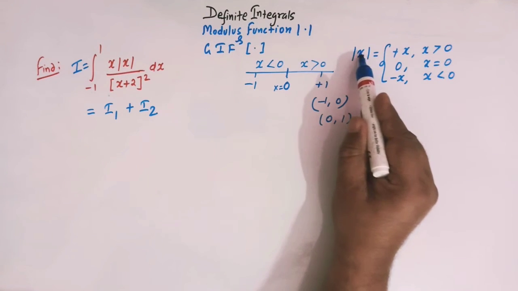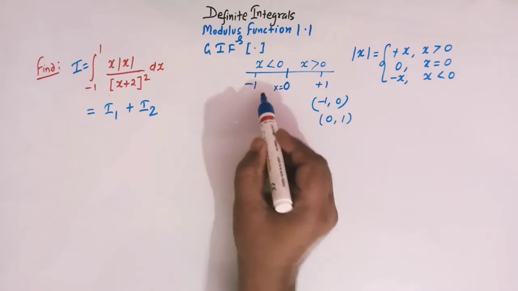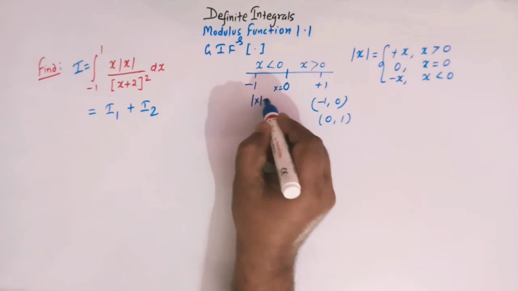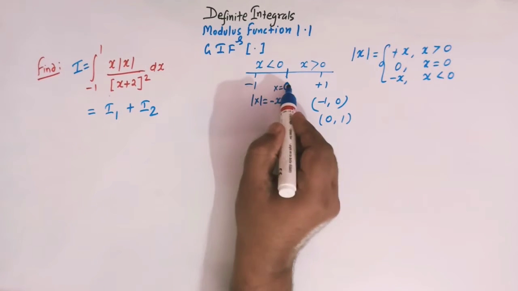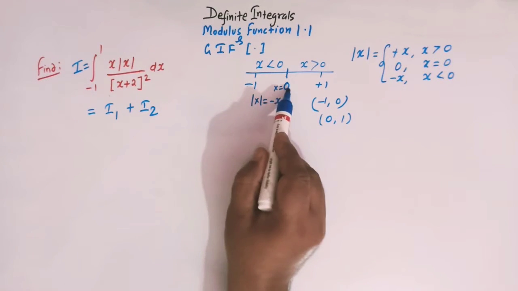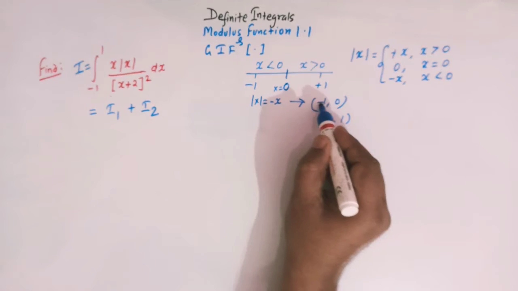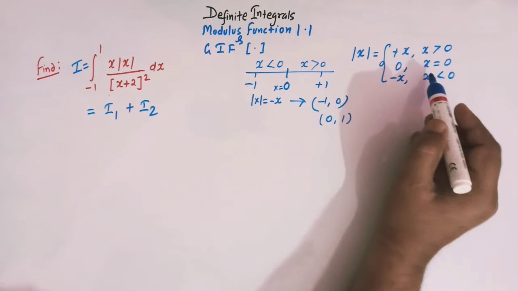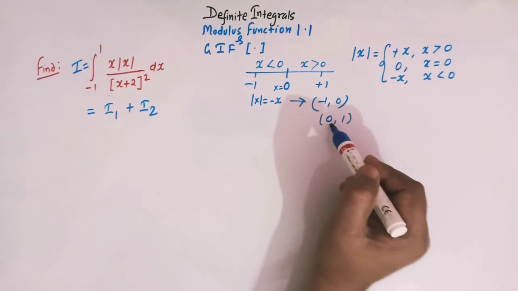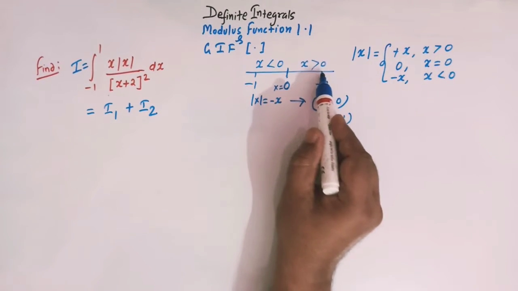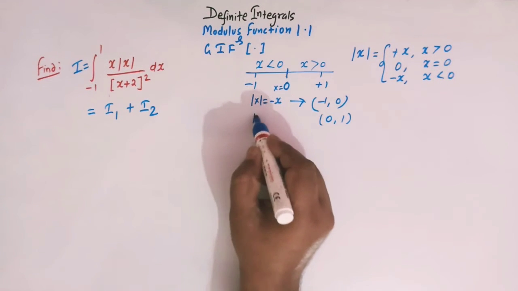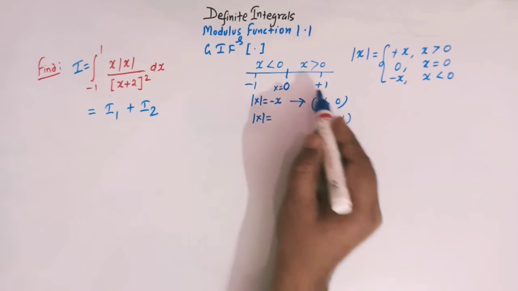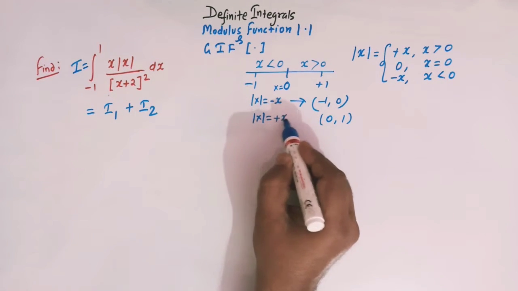So the mod of x is equal to minus x in this interval, that is from -1 to 0, right? And when we take this interval from 0 to 1, then mod of x is equal to plus x, right?